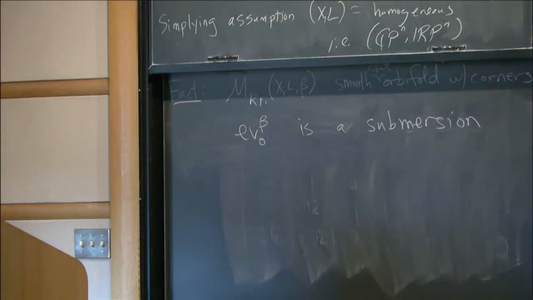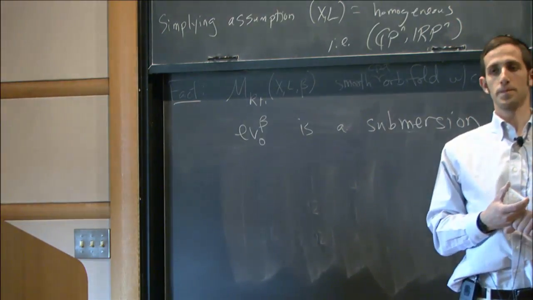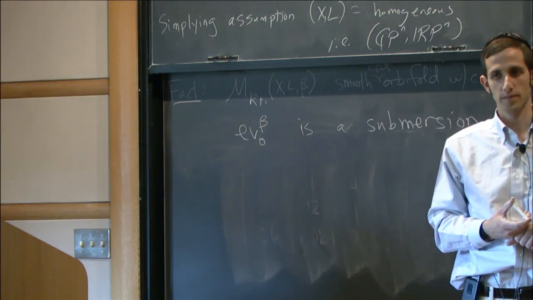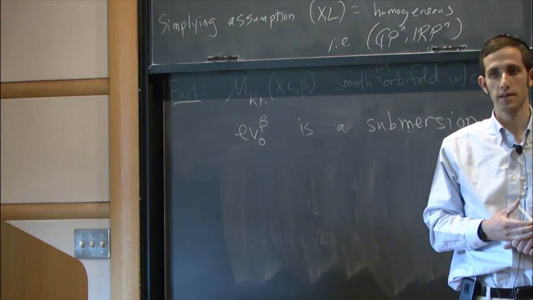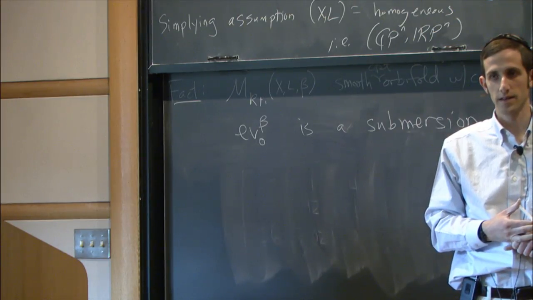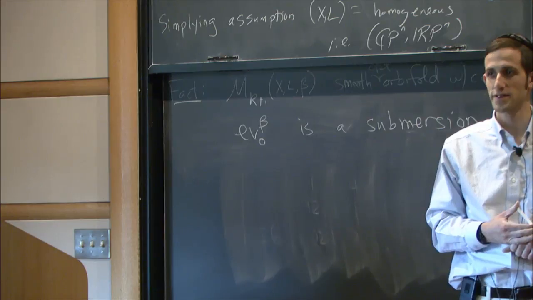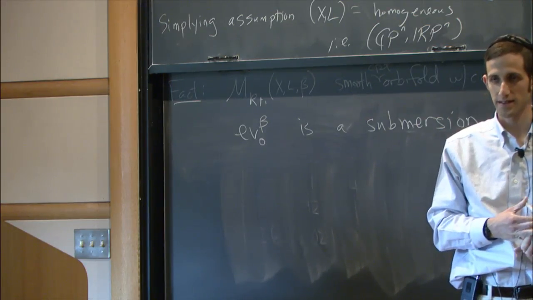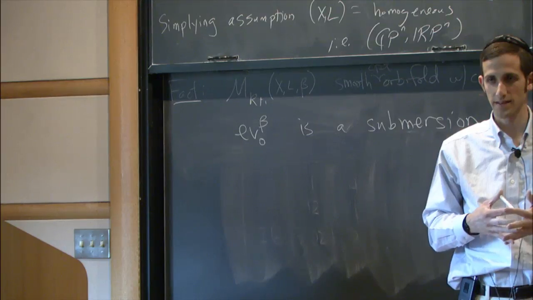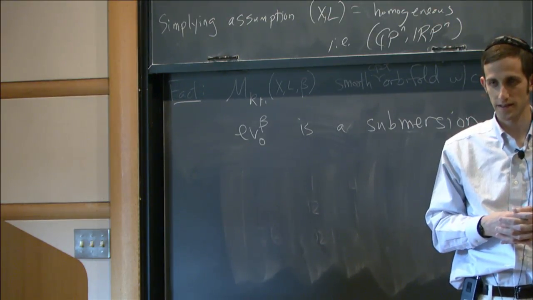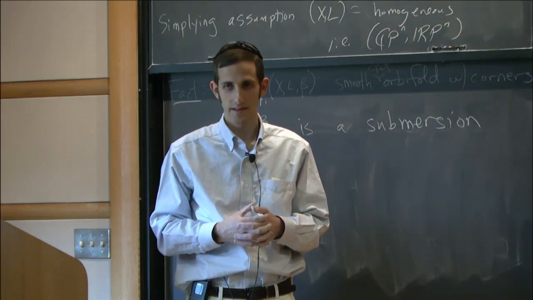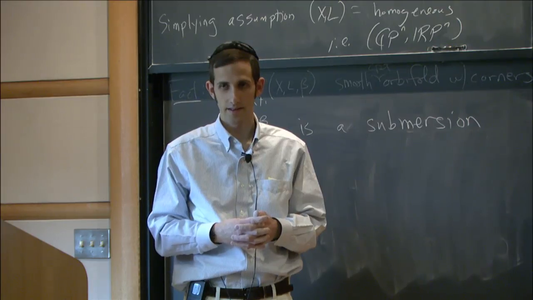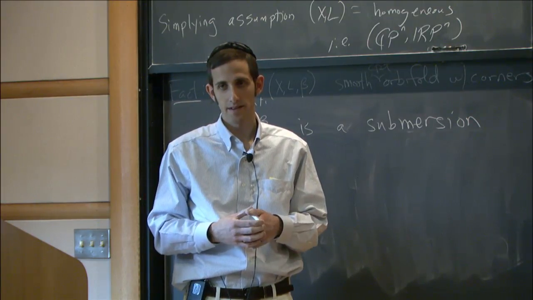So suppose I had a disk lying inside a sphere. So that inclusion is a submersion. It's a manifold with corners. That's a perfectly good submersion, a disk sitting inside a sphere. But if I take a differential form on the disk and I push it forward, it's definitely not a differential form on the sphere.